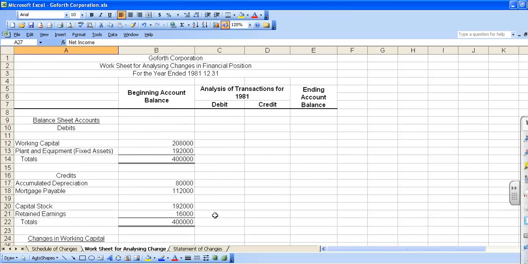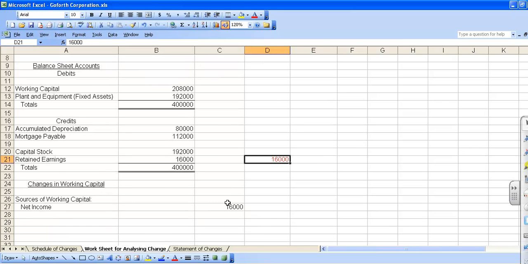Okay, because we have a debit down on the changes in working capital part, we have to have a credit on the top half. Okay, and that credit is going to go under retained earnings. Okay, I'm going to color those ones red just so that you know that those two went together, and that was A.